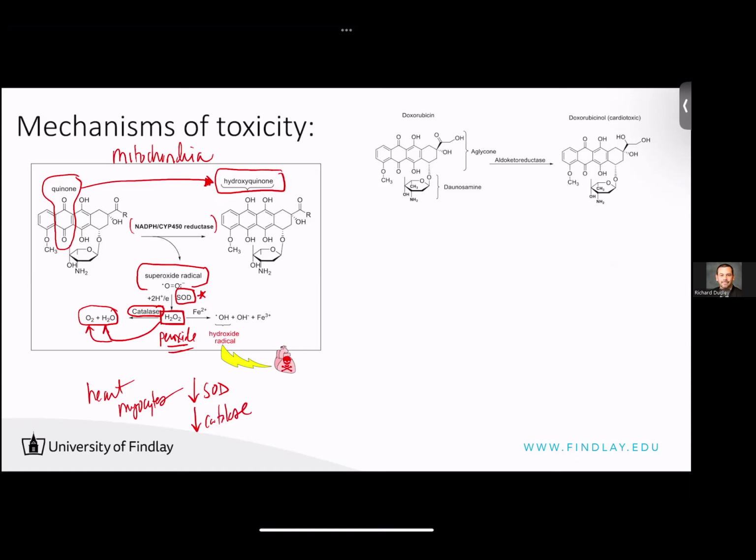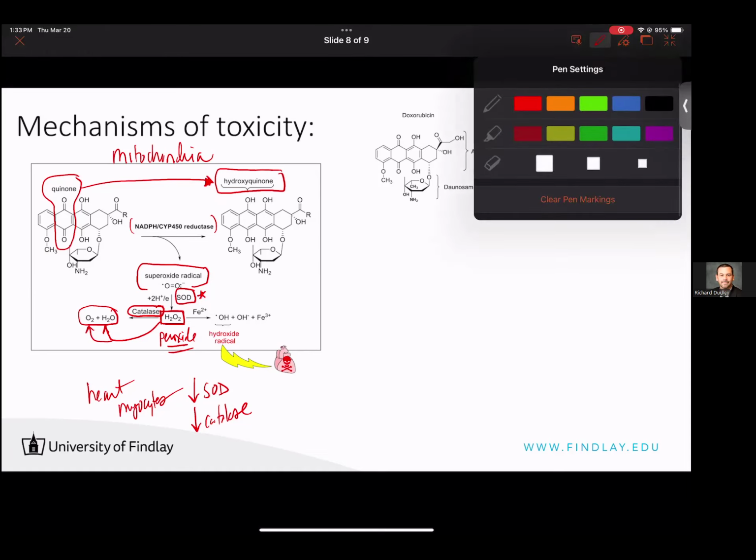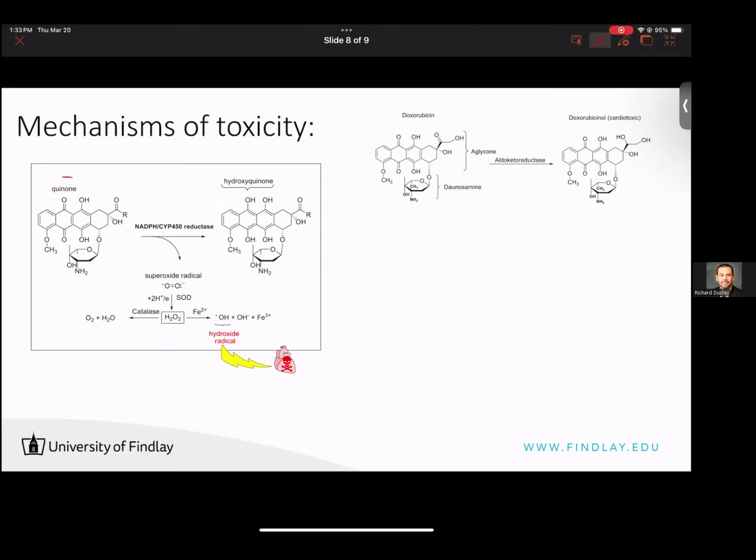They don't make a lot of it. They don't make much of it at all. So what is going to end up happening, you guys, is as this quinone gets reduced to the hydroquinone under the direction of CYP450 reductase in the mitochondrion, superoxide radicals are going to accumulate.